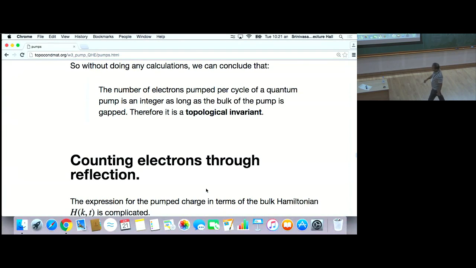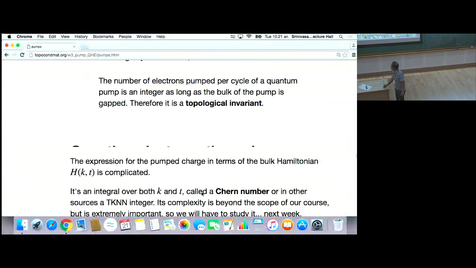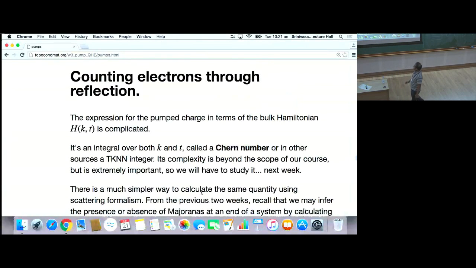That's the argument. But anyway, I have to admit it's still a little subtle. What I'm going to tell you next is actually a nice way to compute what this invariant is.